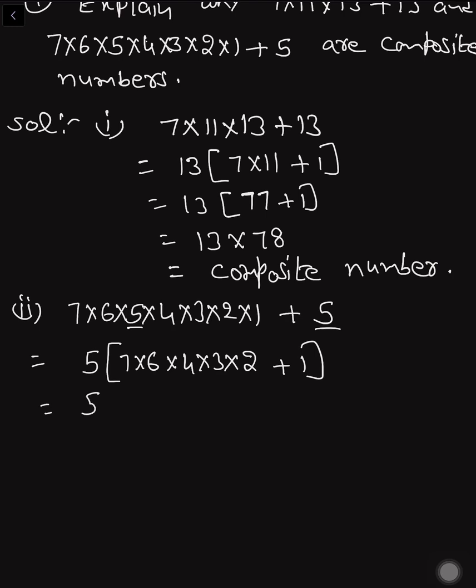Otherwise, 5 into 7 6s are 42, into 4 3s are 12, 12 2s are 24, plus 1.